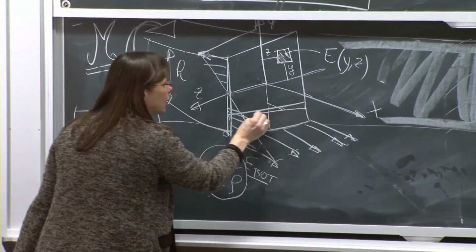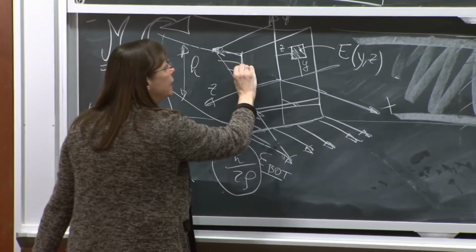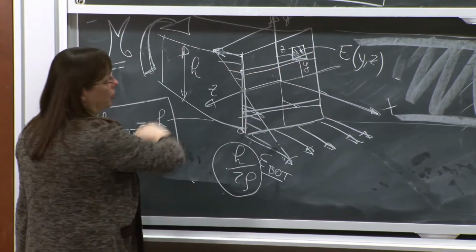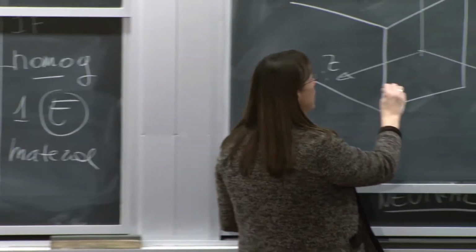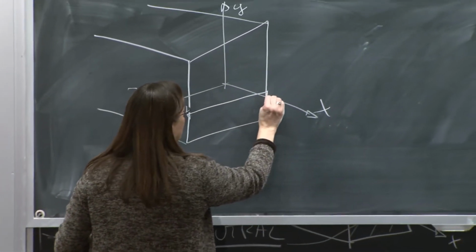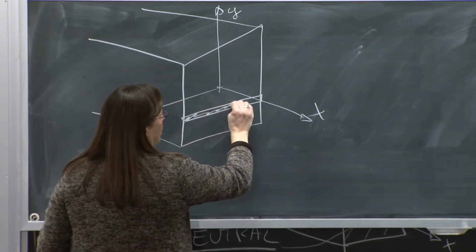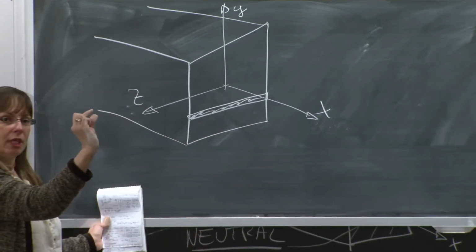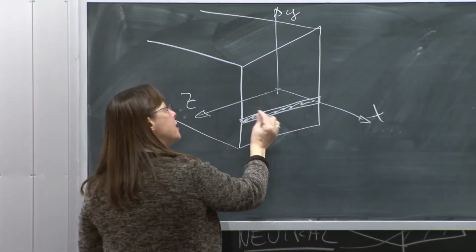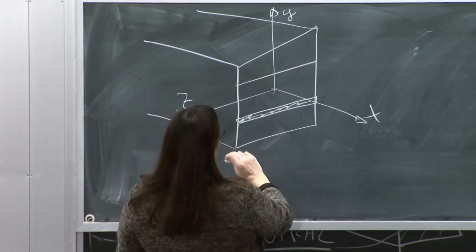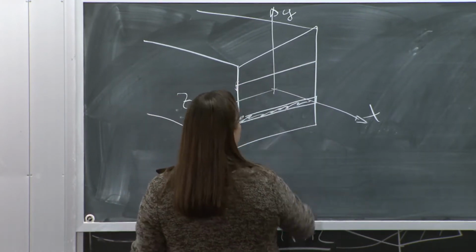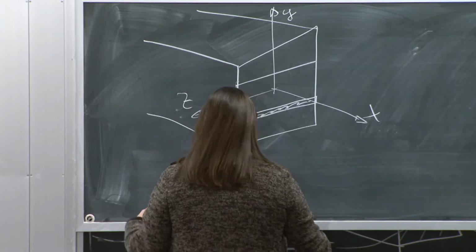sliver at the bottom and a little sliver at the top, corresponding wise. So I take a little sliver here, a little tiny sliver of height dy, and then at the same distance from the neutral axis, I take another sliver. This geometry is horrendous.